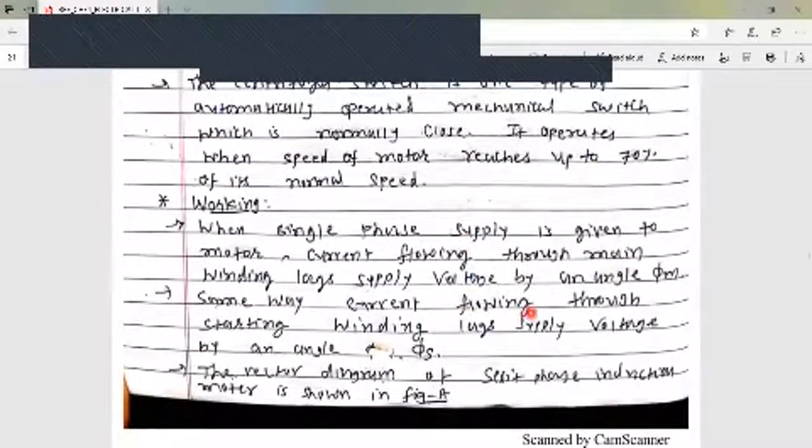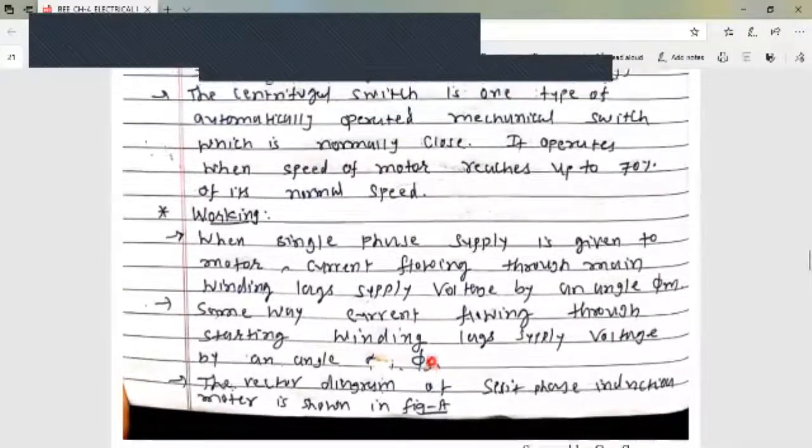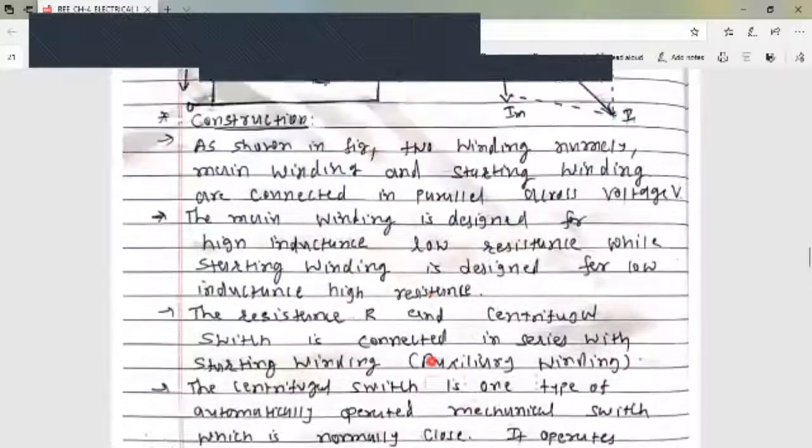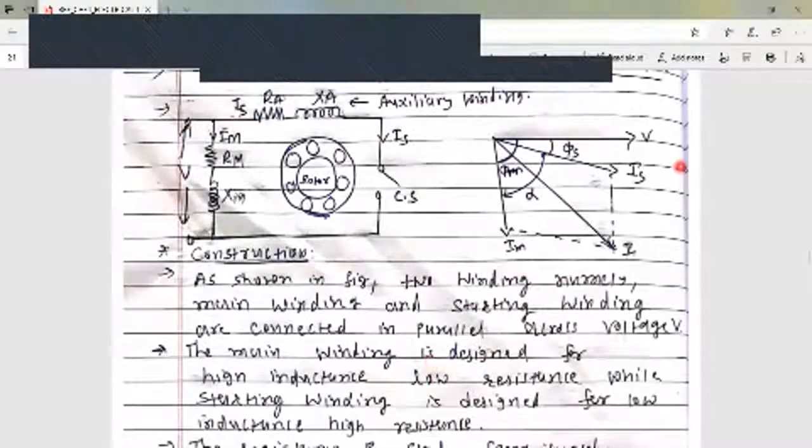Similarly, the current flowing through the starting winding lags the supply voltage by some angle phi s. See in the diagram, the current in the starting winding, the auxiliary winding, lags voltage V by some angle phi s. And this is the resultant current.